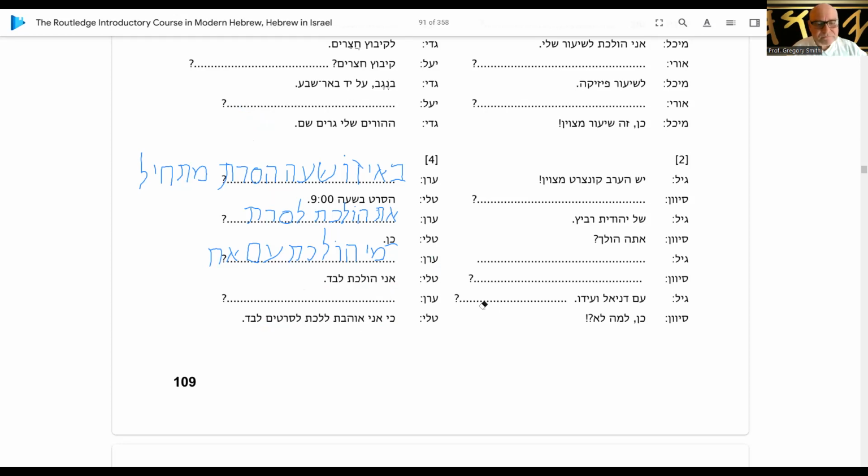Yeah, lama. That's one of them that we learned. Lama at holeket levad. So why are you going alone? And Tali says, Ki ani ohevet laleket laseratim levad, because I like to go to the movies alone.